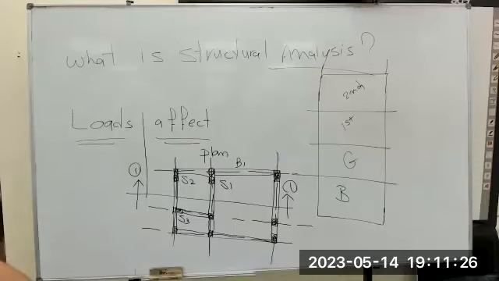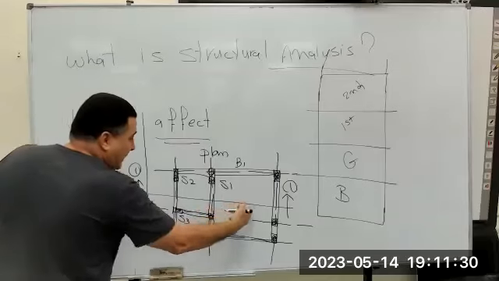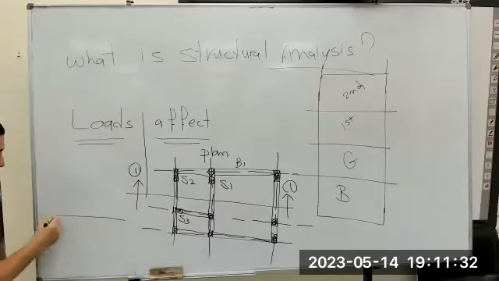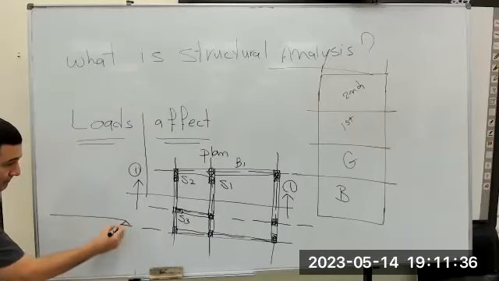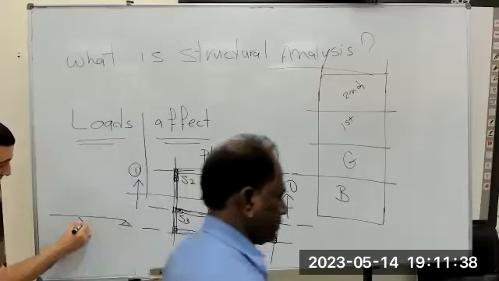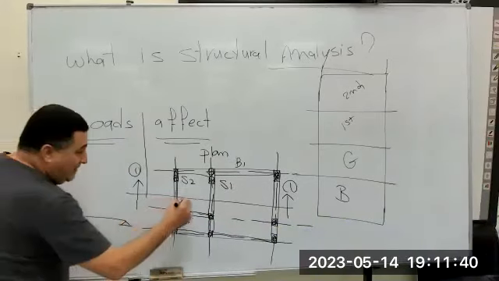Let us see that. If I'm going to have a section like that, that means what? This is a slab and this is what? Beam. This is a beam. Second beam. Where is the second beam?